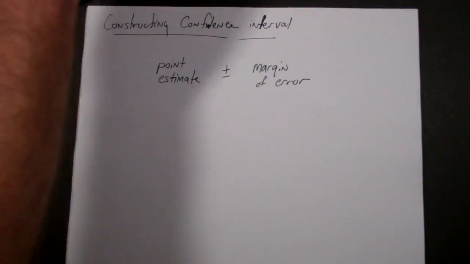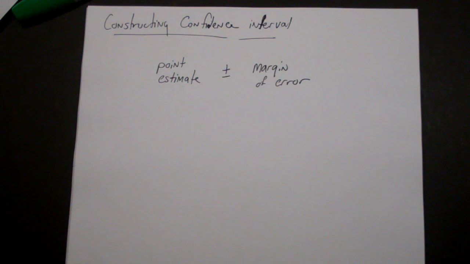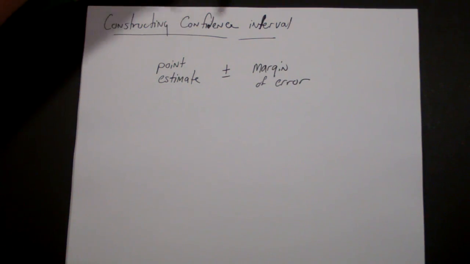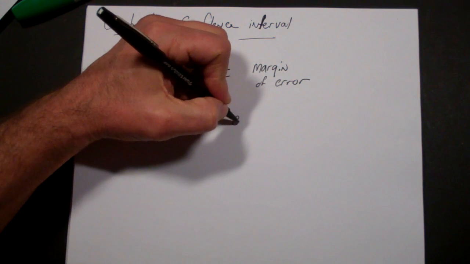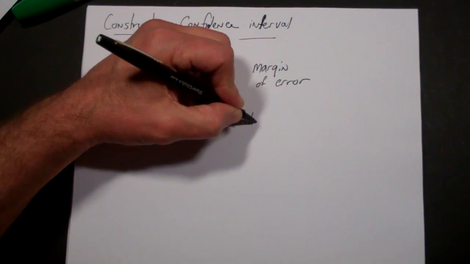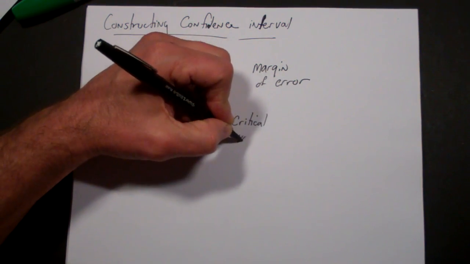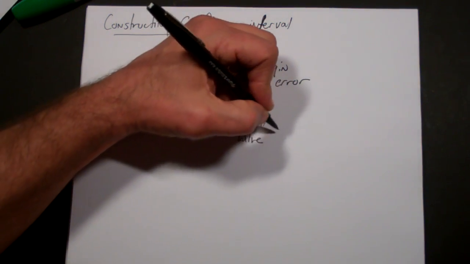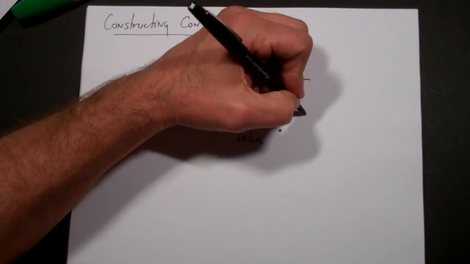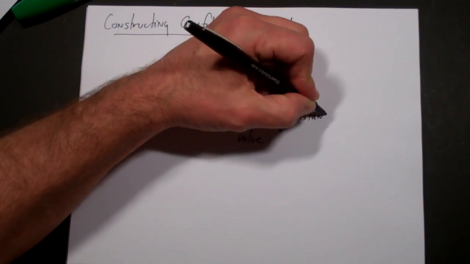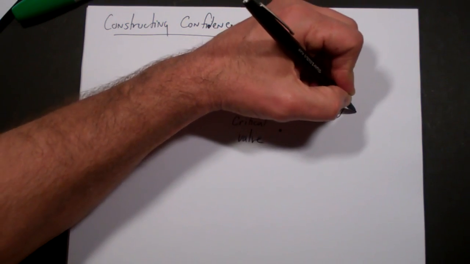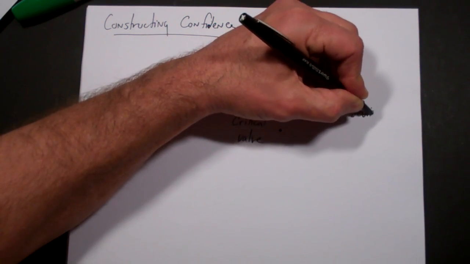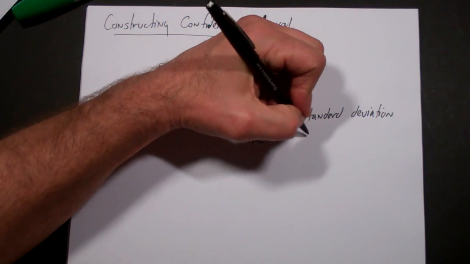And the margin of error really has to do with two points, right? The margin of error will have what's called a critical value, and you multiply the critical value by the standard deviation of the statistic.